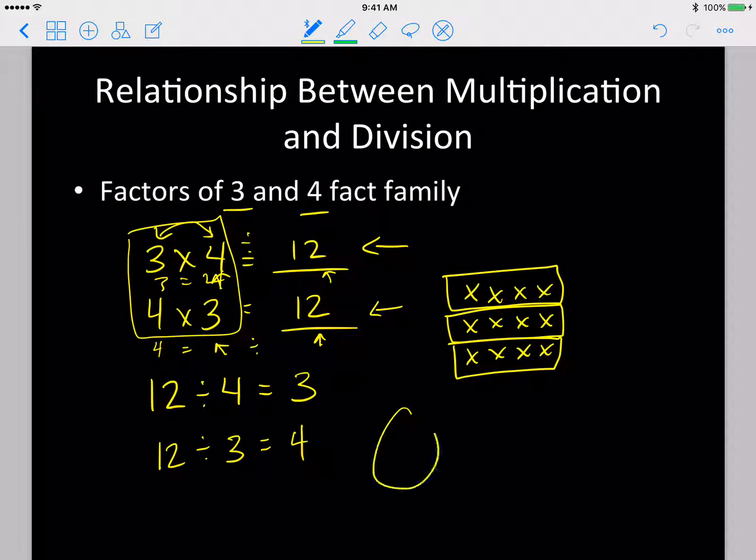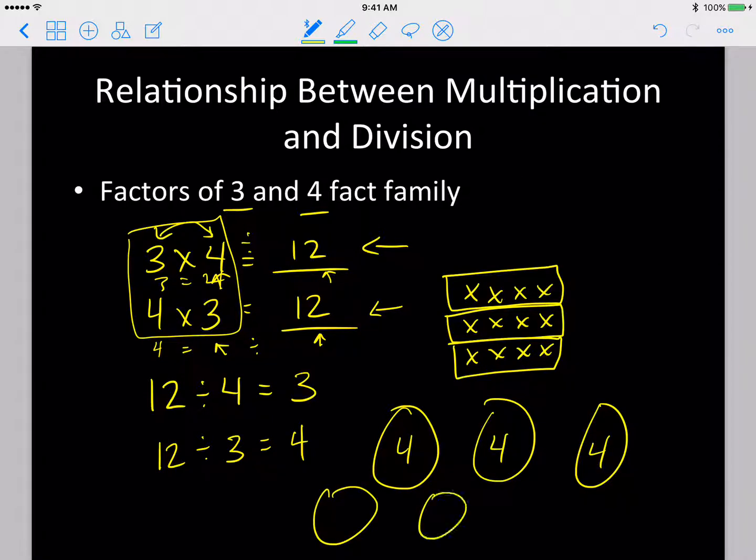We can do our circles again, but we've already done that. We know that if there are 3 groups, there are 4 in each group. If there are 4 groups, how many are in each group? 3. So there's the relationship between multiplication and division. They are opposites, but they help each other, and they will make your life better if you understand that.